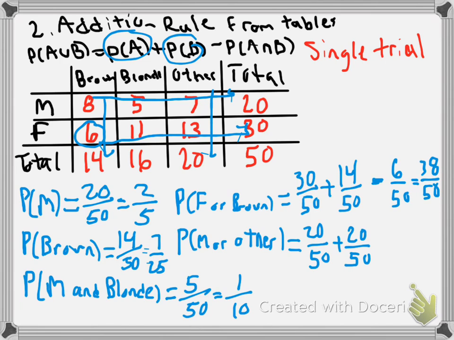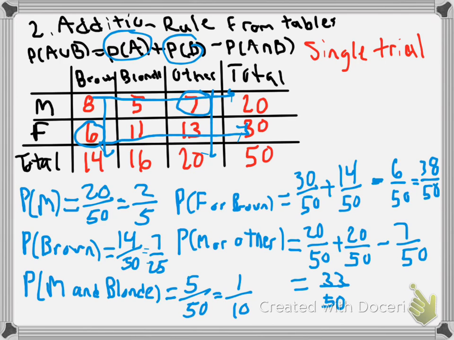But notice we counted the 7 twice. That's the probability of being male and having the other hair color at the same time. That's possible. So we subtract the 7 out of 50 and we do our math here. 20 plus 20 is 40, minus 7 is 33 out of 50, which does not reduce. And that's our final answer.